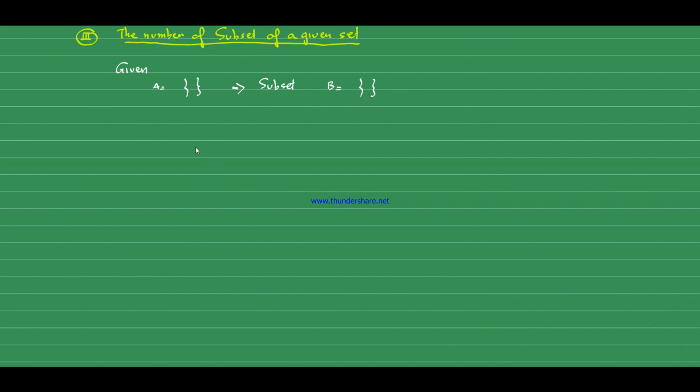Now what if I have set A, and set A over here has only one element? Let's say that I have this element.